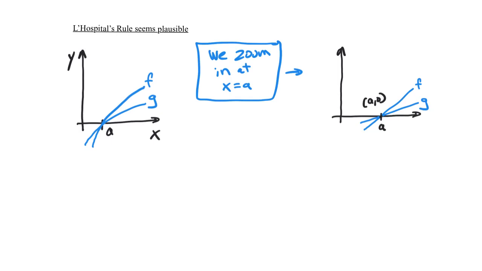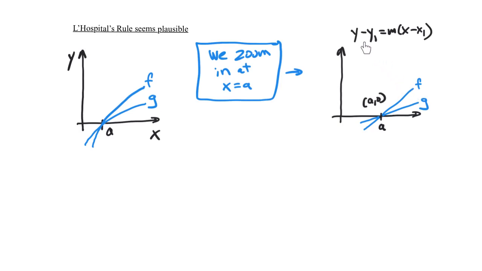And what we're going to do is use this formula from algebra class: y minus y1 equals the slope times x minus x1. Let's look at the equation of this line f.